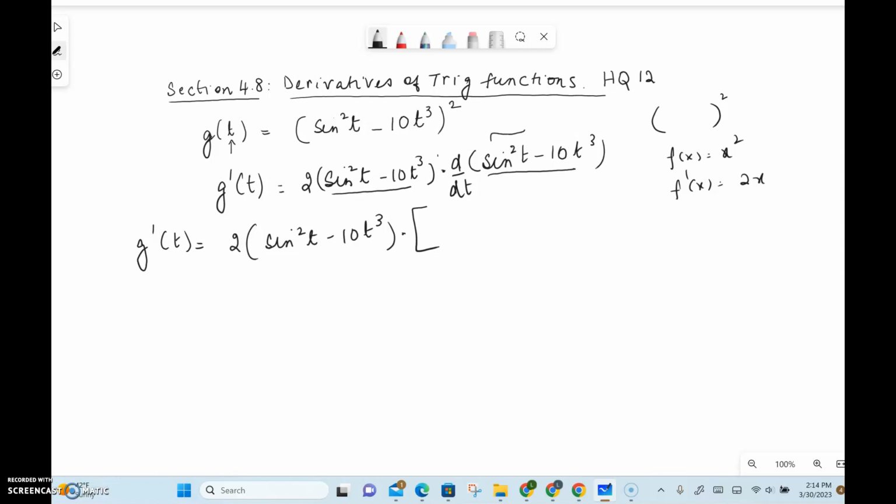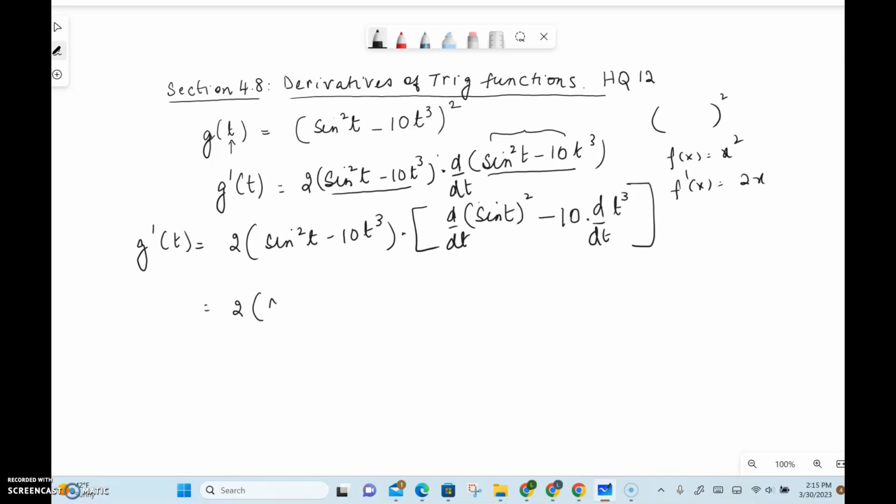When we differentiate this function, it's a difference of two functions. So we differentiate the first function, and notice that sine squared t is the same as sine t the whole squared, minus, leave the constant alone and differentiate. So basically it's the difference of the derivatives of the two functions, but we are differentiating with respect to t and not x because it's a function of t.